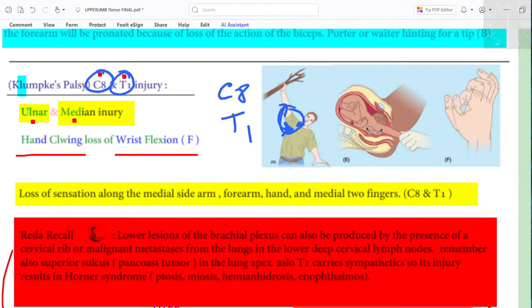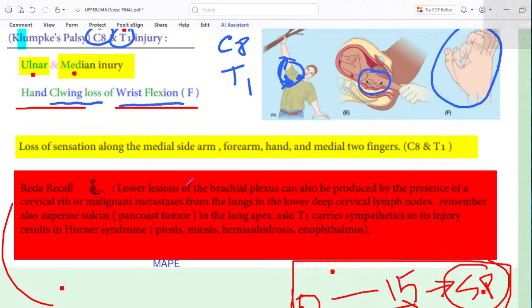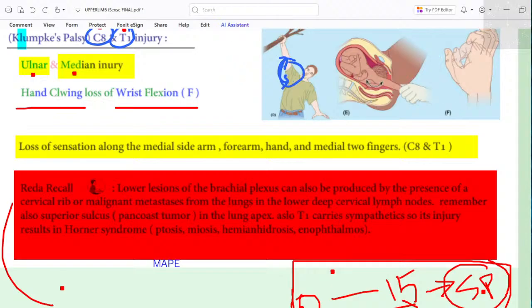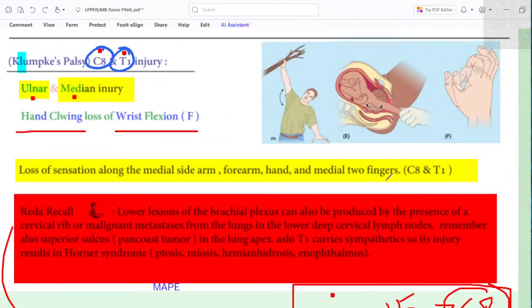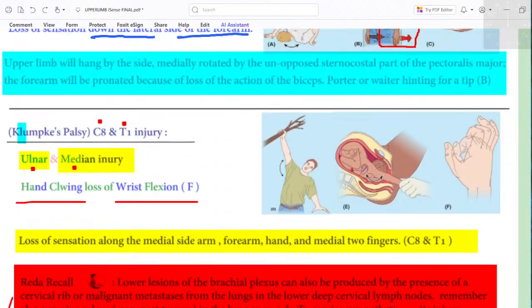The patient will come with hand claw-like deformity and loss of wrist flexion. Sometimes it happens due to breech delivery, if the hand is pulled in a breech delivery. There will be loss of sensation along the medial side of the forearm, hand, and medial two fingers. If they give this type of scenario, it is Klumpke's palsy. Obviously, ulnar.